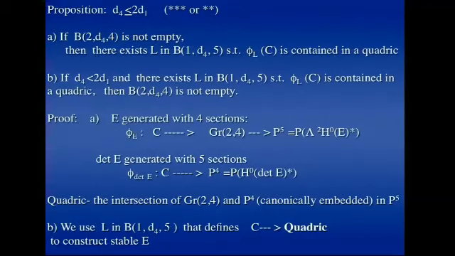Now, I have a canonical map from lambda square H0 of E to lambda h0 of E. So I have a canonical embedding going from P4 to P5. So where is my curve? My curve is an intersection of this Grassmannian in P5 with a hyperplane coming from this canonical embedding.